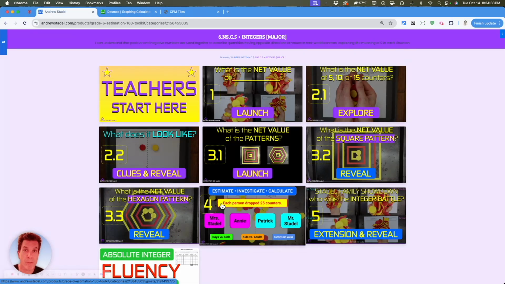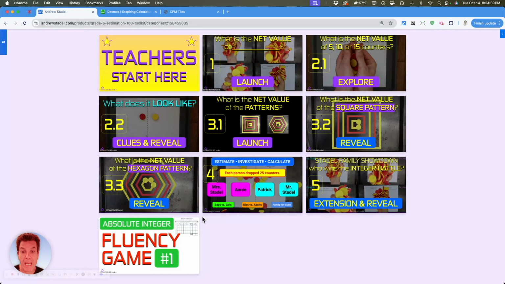So they're working on their number sense while also practicing their fluency with integers. And at the end, there's a fluency game with integers where students are taking counters themselves, dropping those counters, figuring out how many reds they have, how many yellows they have, in other words, how many positives and how many negatives they have, and they have to determine their total net value while they're competing against a classmate or a group of classmates. And it's a blast.